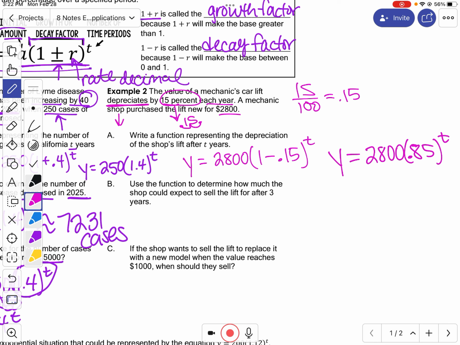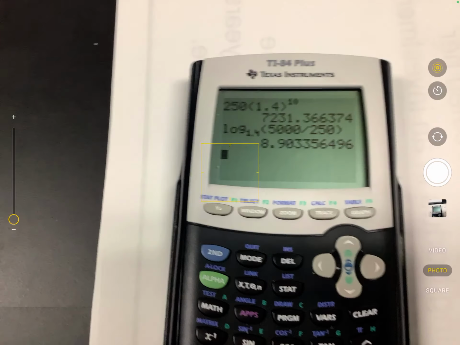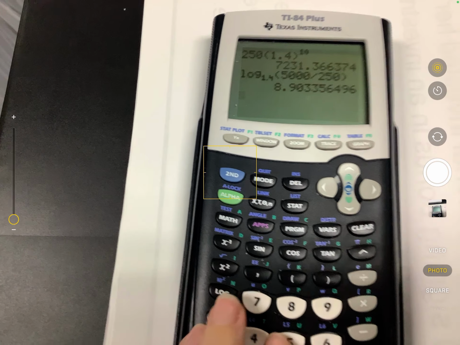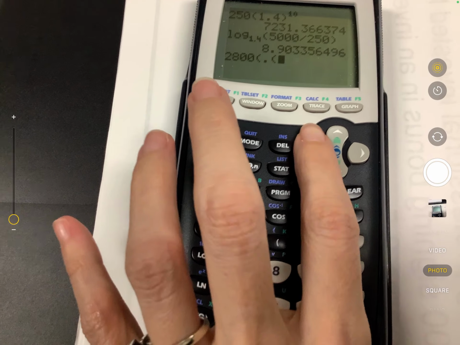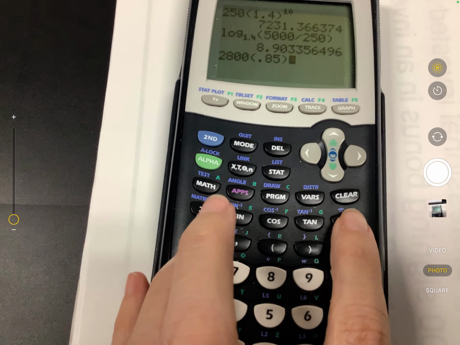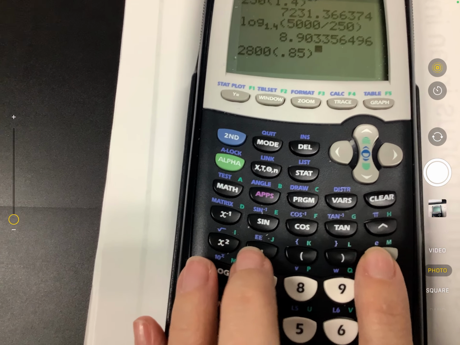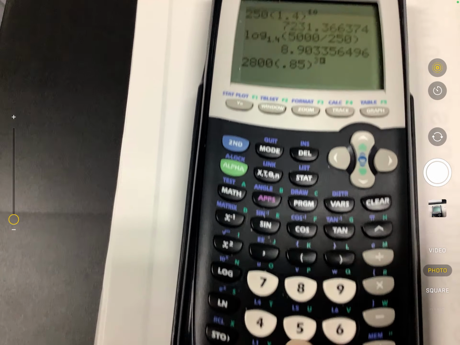Part B says you're going to use the function to determine how much the shop could expect to sell the lift for after 3 years. So we're going to plug 3 in for t for the time. So plugging in, I would have 2,800 times 0.85 raised to the 3rd power.